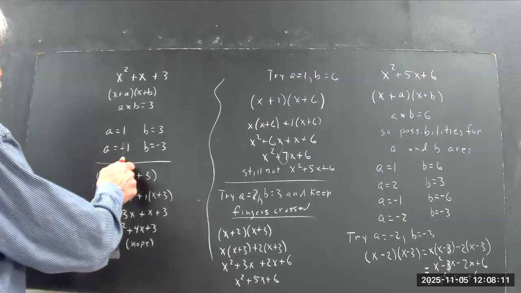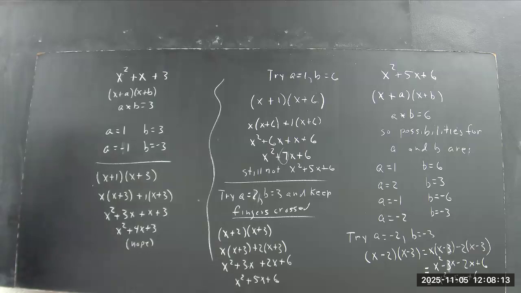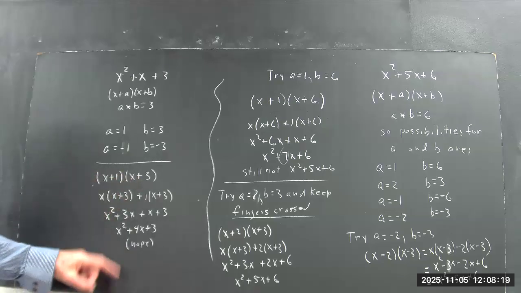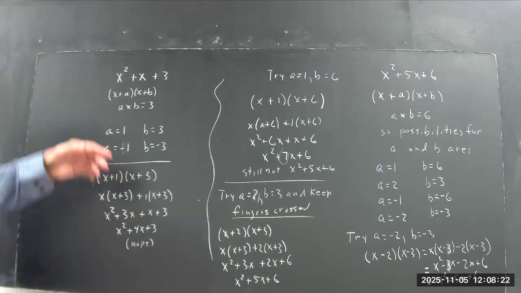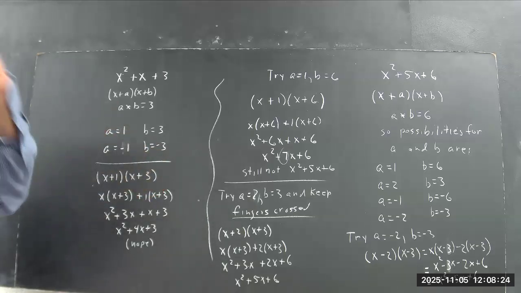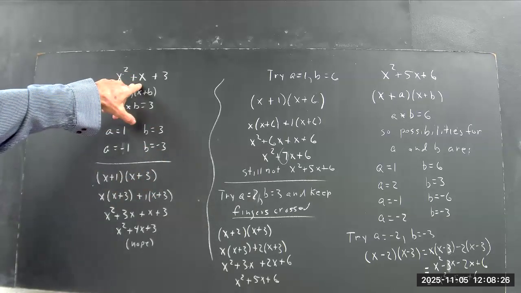Well, -1 and -3 aren't going to work either. Because if you use -1 and -3, you're going to have a -3X and a -X. All your X's are going to be negative, so you're not going to get a positive X out of that.